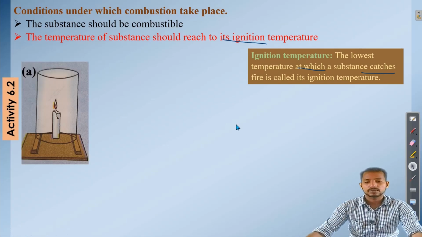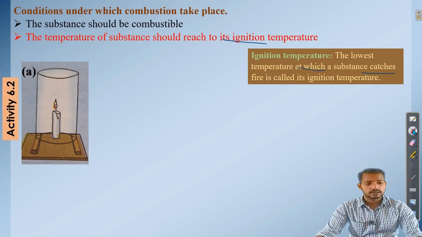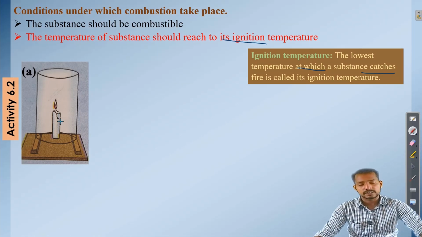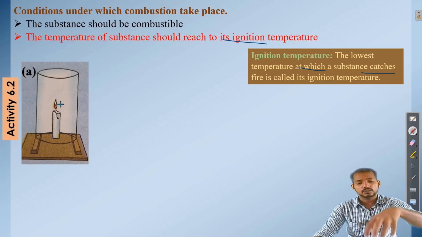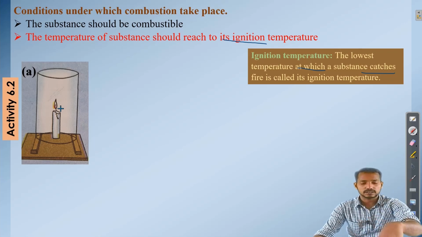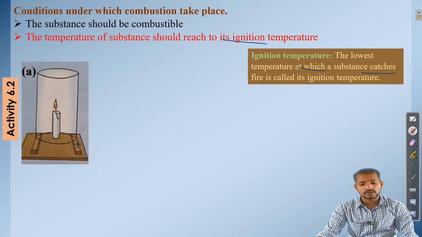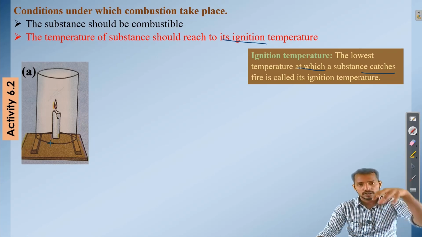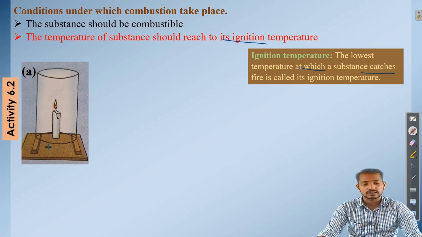First, you take it in this way: a burning candle, and a glass chimney is mounted where this burning candle is placed. Also, one more thing we have to remember: we have to keep two small pieces of wooden strip such that the glass chimney is kept on these strips, so that there will be a gap between this chimney and the cardboard.